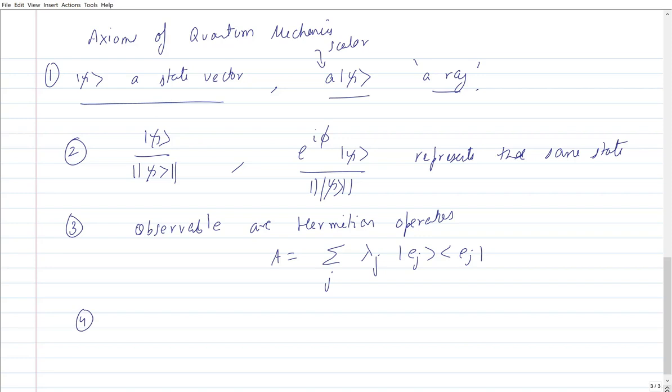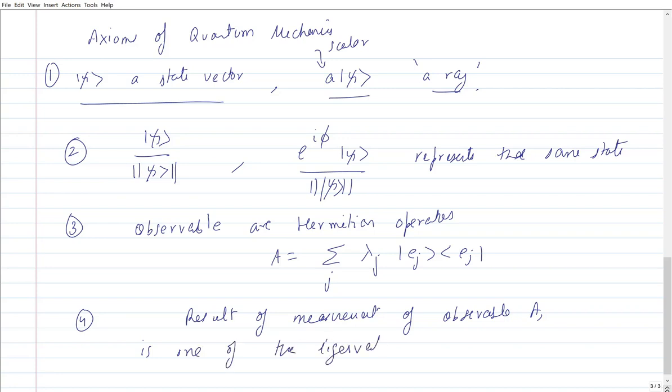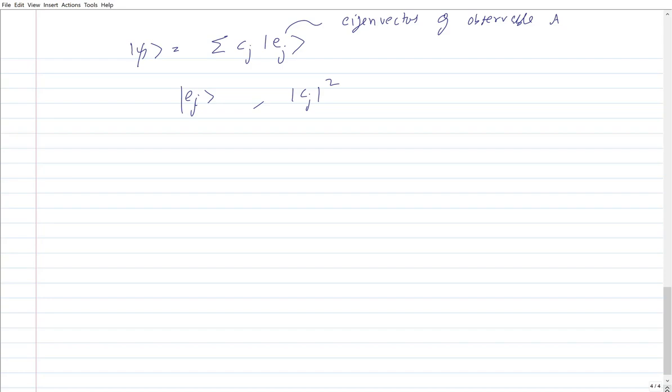The result of measurement of an observable A is one of the eigenvalues of A, and if I can express the state in the basis of the eigenvectors of the observable A, then the probability of getting the outcome Ej is just the absolute value squared of the coefficient. This is the Born rule.